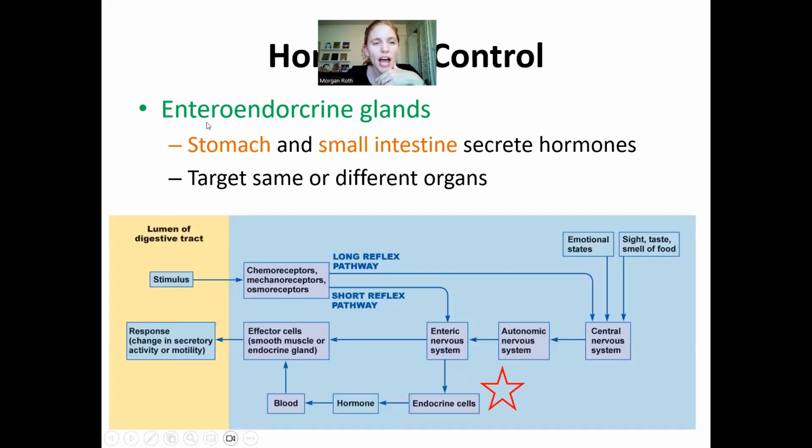So we're going to look at 3 hormones today. One of them is secreted from the stomach, and then that hormone is going to come back and influence the stomach, but also the small intestine as well. So they are hormones going into the bloodstream and then coming back to regulate activity within the digestive system.